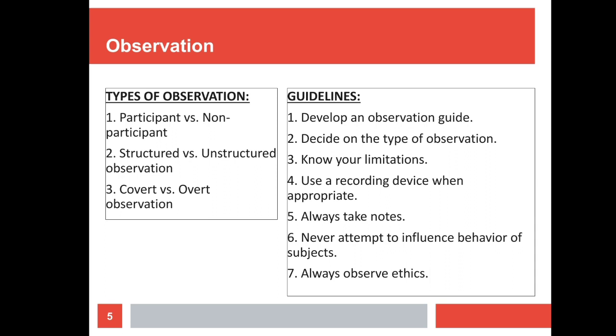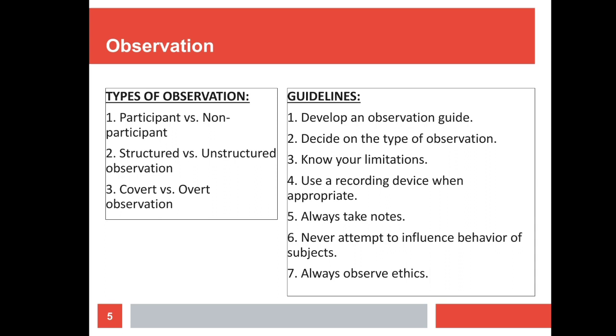A non-participant observation type allows the researcher to observe the subjects without interacting with them and without influencing their behavior. Hence, the subjects do not know that they are being observed. This is usually employed by psychologists when observing animals or other people.